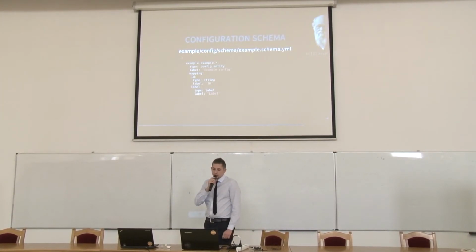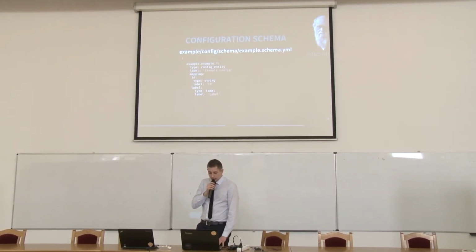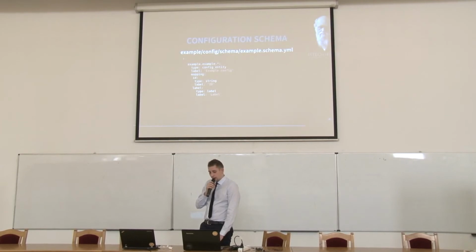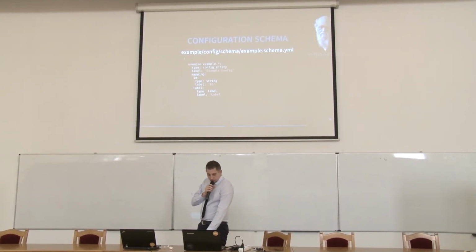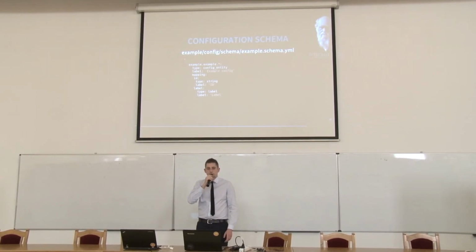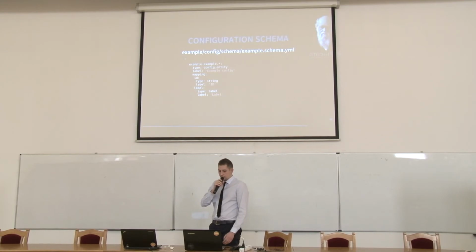Then we have the configuration schema. For config entities, there are no base fields to get the schema of the entity type, so we have to define this in the schema.yaml file. Here we have the name example, that is the module name. Then we have dot example, that is the storage name, and the dot and the wildcard that can match every entity.